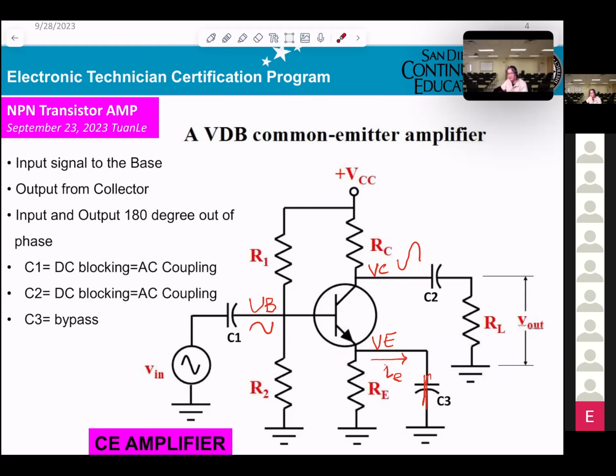Okay, so the C3, what do they call it? Bypass capacitor. Tell me, C3 bypass what? C3 bypass AC.